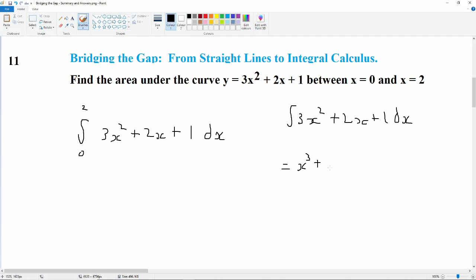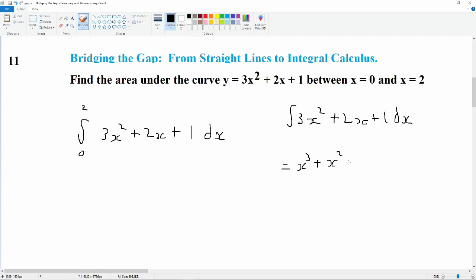plus 2x is just x squared, isn't it? Or rather, the integral of 2x with respect to x is just x squared plus c.